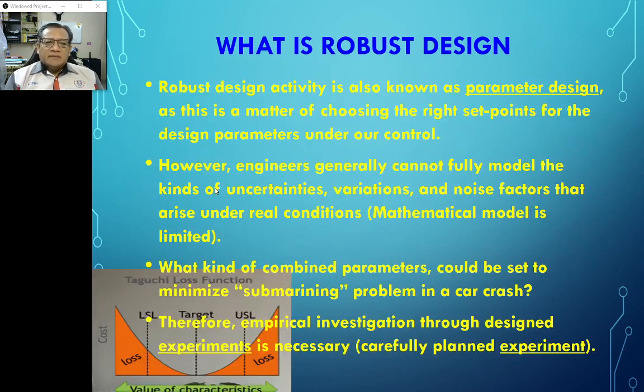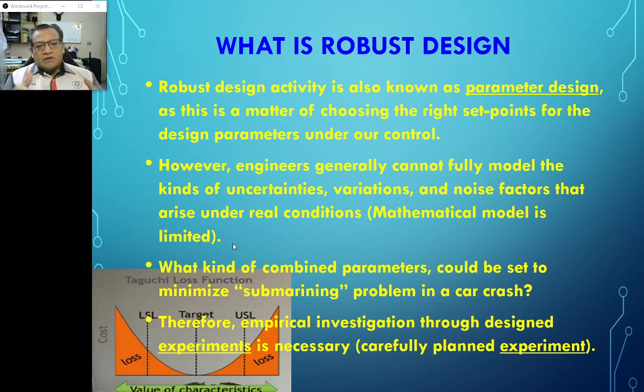However, engineers generally cannot fully model what kind of uncertainty or what kind of problem or variation or noise factor that you will encounter in the testing of the seat belt of back seat passengers of a car. They cannot simulate everything, right? So as such, the mathematical model is rather limited.